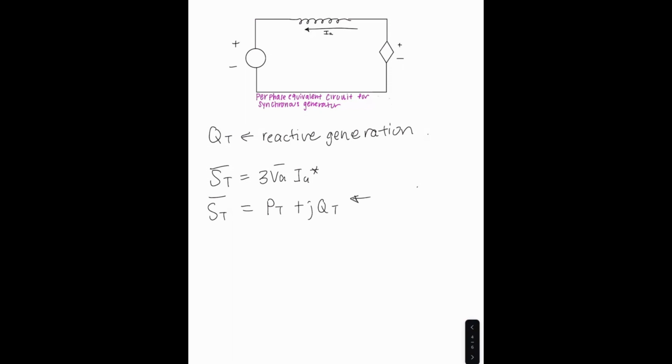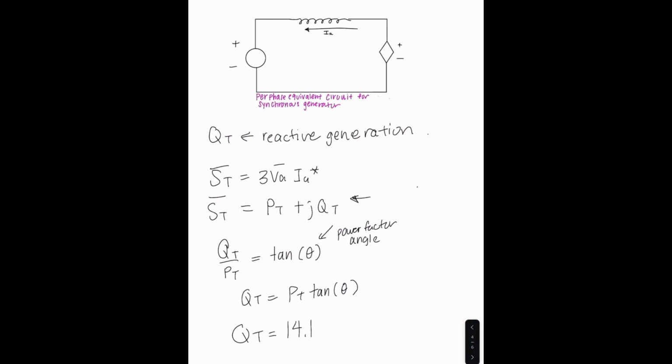So really, we want to look at this one. We know from this then that QT over PT is equal to tangent of the power factor angle. So then we can solve for QT by shifting that around and multiplying it by the tangent of that power factor angle. And we should get that QT is about 14.1 kVAR.